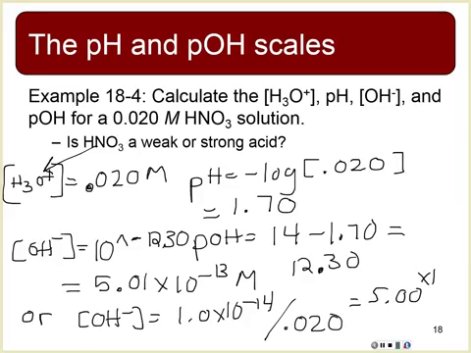Either one's fine. So the idea here is if you know one, and you know your concentration, or you know pH, or you know something about any of these, you can find all of them. So you can find hydroxide concentration, hydronium, pH, and pOH.